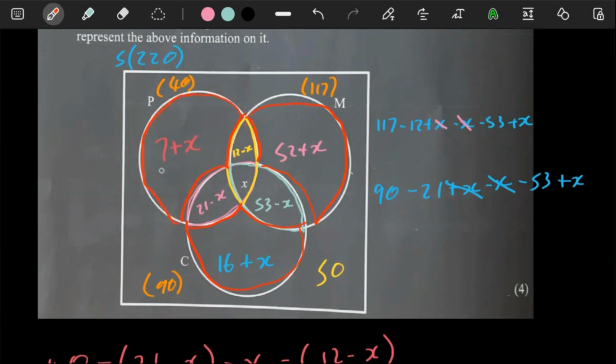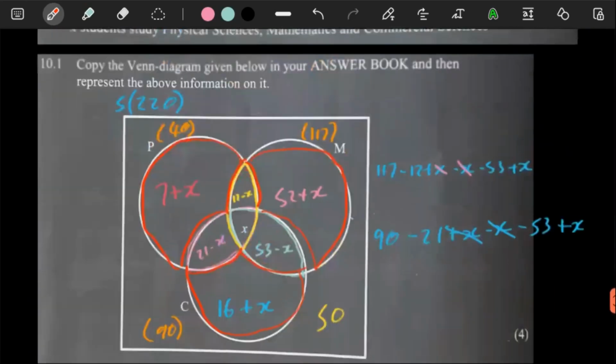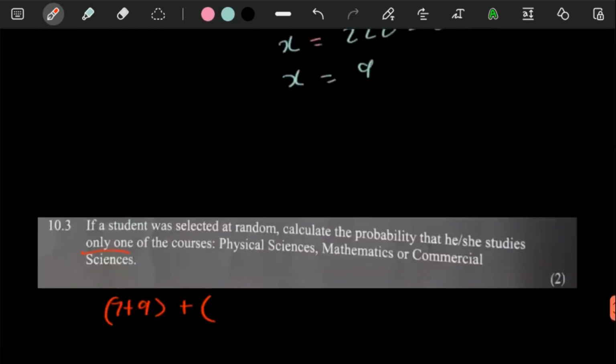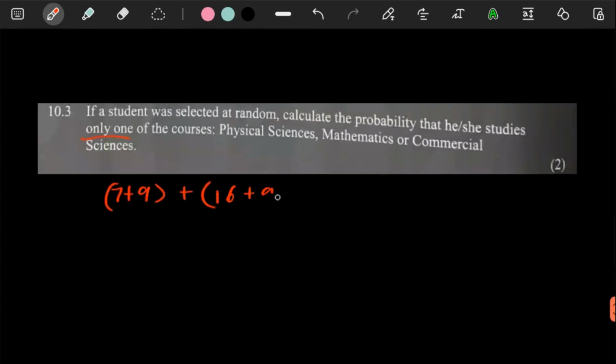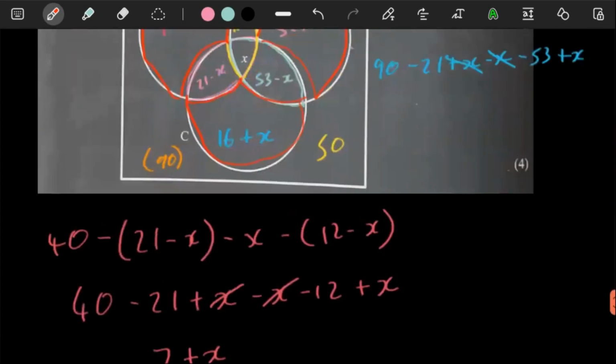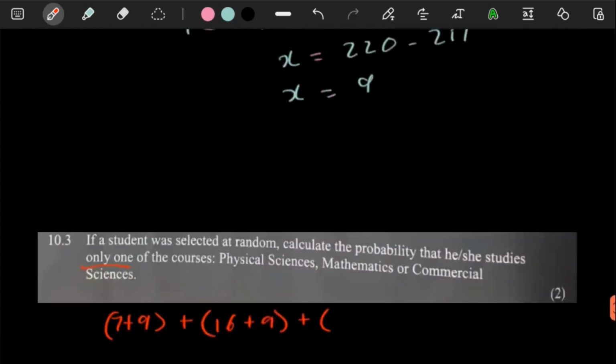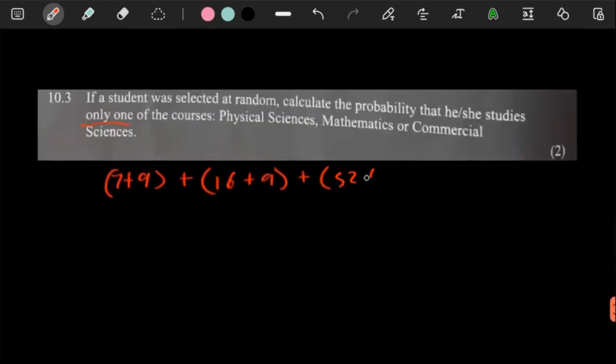So in this section it's going to be 7 plus x, which is 7 plus 9. In the other section it would be 16 plus 9. In the other section it would be 52 plus 9. And then out of a total of 220 people.